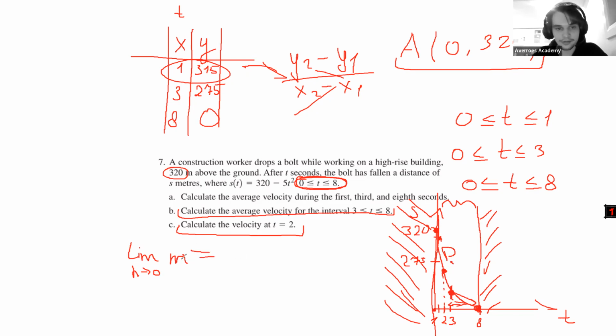So we're going to have f(2 + h) minus f(2), over (2 + h) minus 2, right?